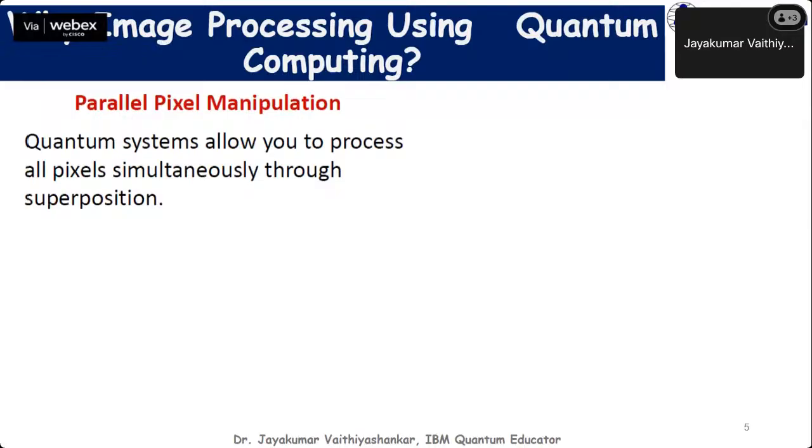This is basic and fundamental: for any image processing or computer vision, you need to apply superposition to all your qubits. Then only are you able to do simultaneous operations.